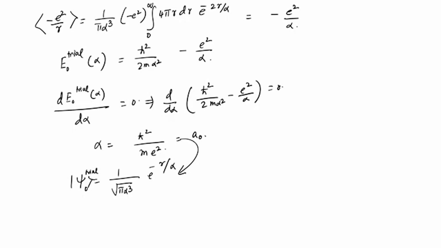So, this gives you exactly 1 by pi A0 cube e to the power minus r by A0, and this is the exact result, the exact ground state wave function. Okay.